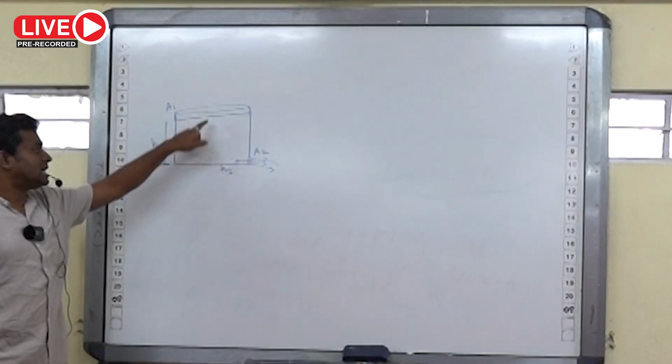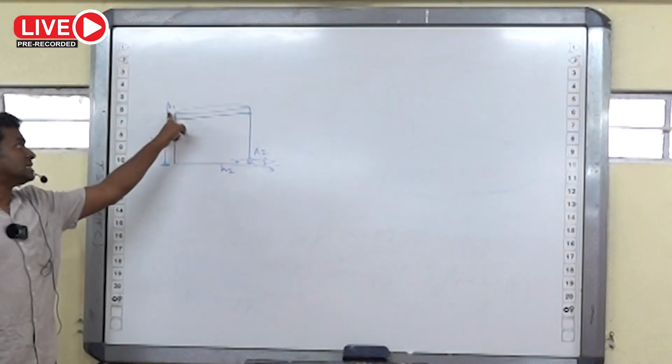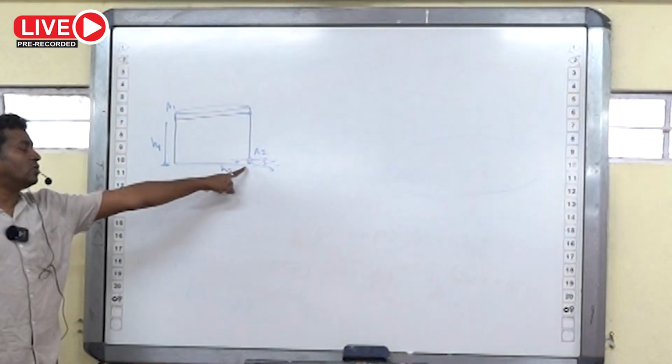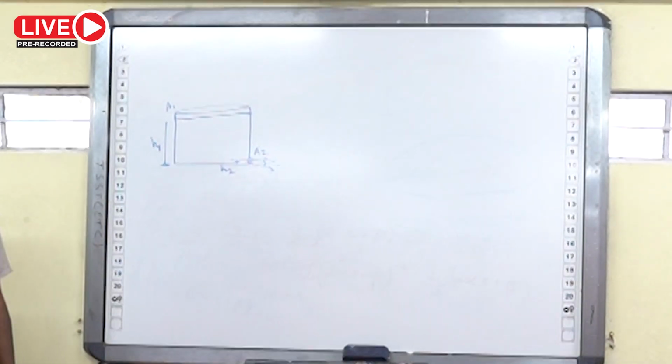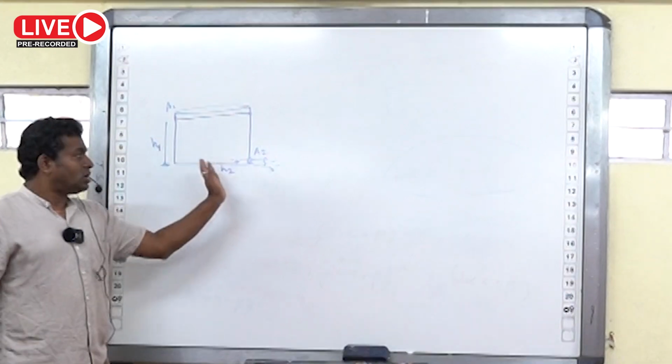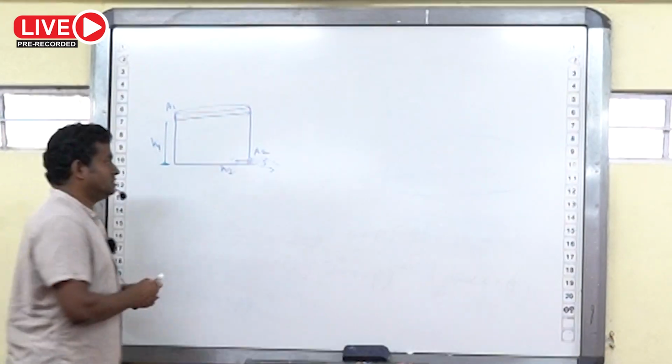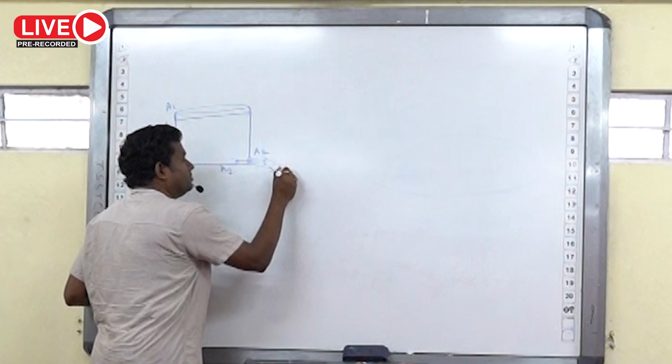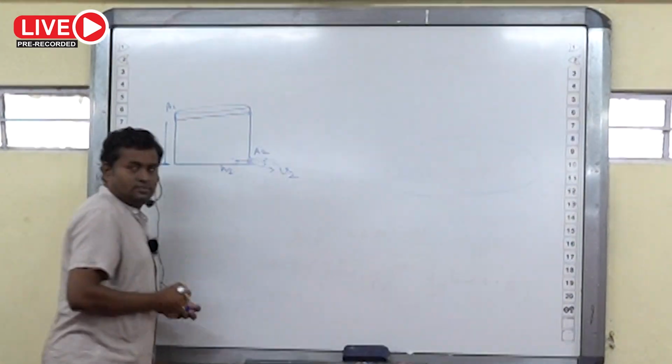This one is at a height h1. This area is A1. This smaller hole area is A2. Now we consider that through this point water will come out with a velocity v2.